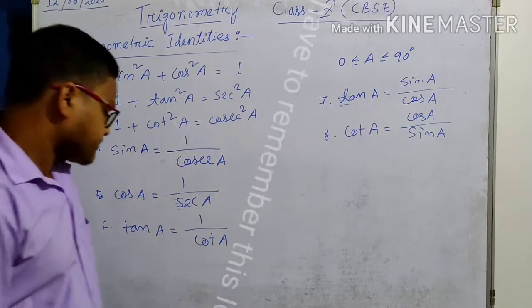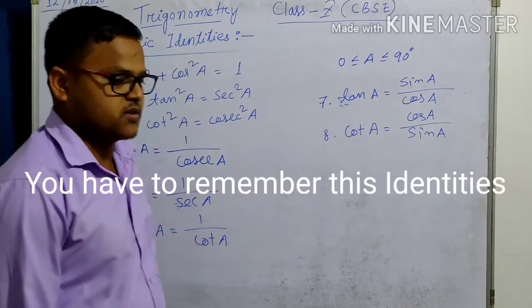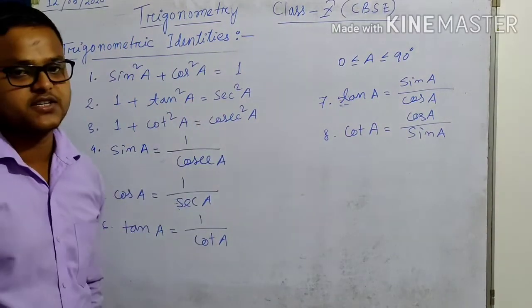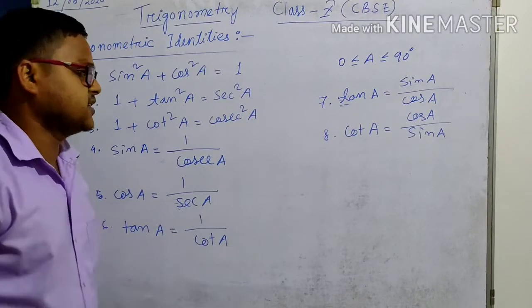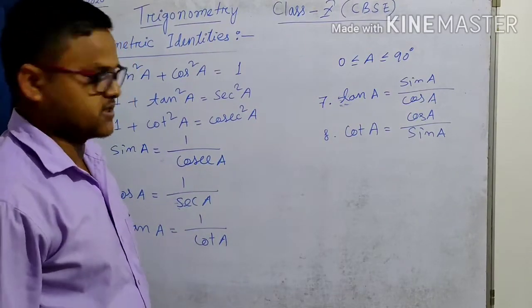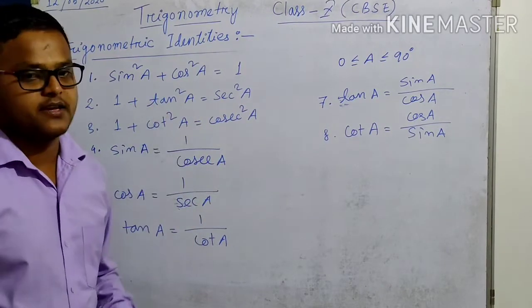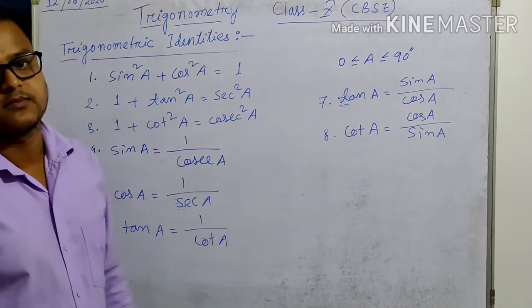There are some proofs, and in those proofs we have to use these identities. By applying these identities we can proceed. You have to remember, in the place of A you can put any value.